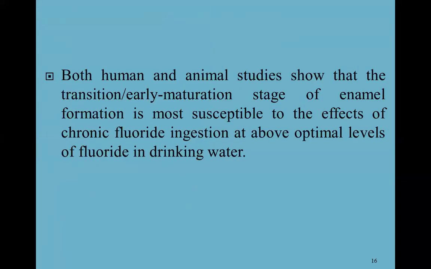Both human and animal studies show that the transition to the early maturation stage of enamel formation is the most susceptible to the effects of chronic fluoride ingestion at above optimal levels of fluoride in the drinking water.